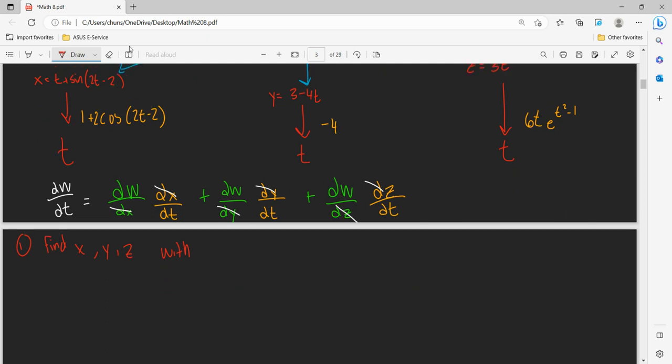So for our x variable, x is equal to, so we're going to plug in t, plus sine, and this is 2 minus 2, so sine 0, which means x is equal to 0 plus 1. So this is just x is equal to 1. So our first part. Then if we do y, so this is 3 minus 4. This is negative 1.